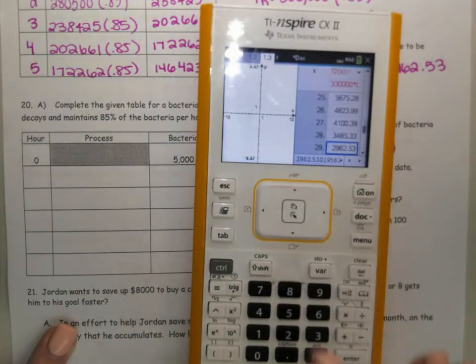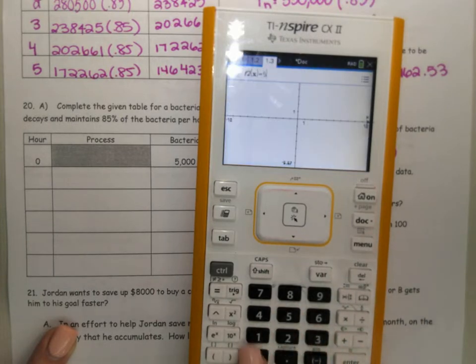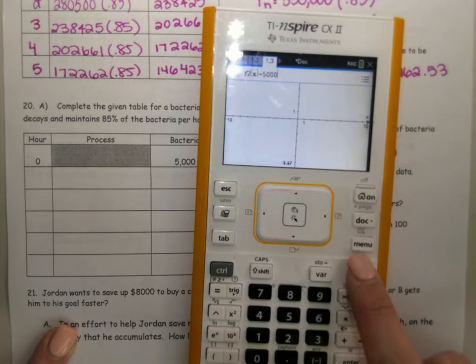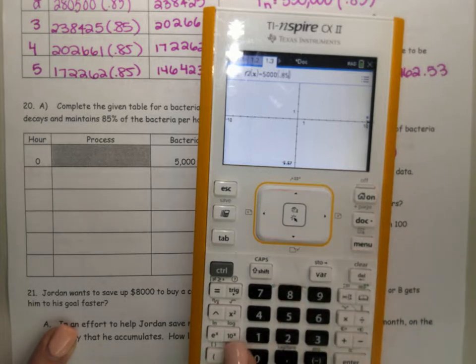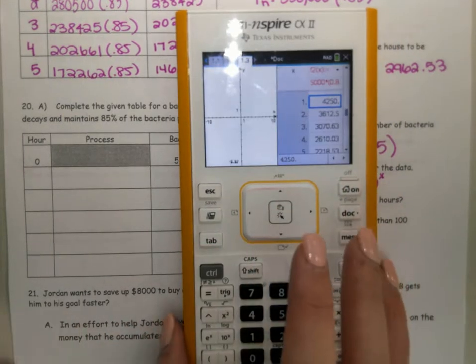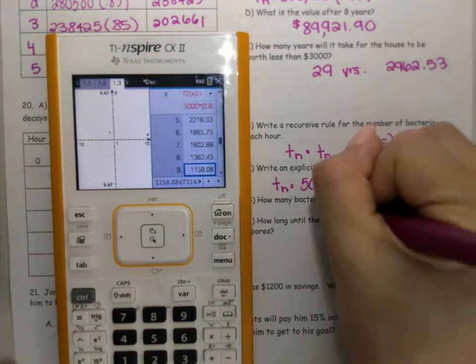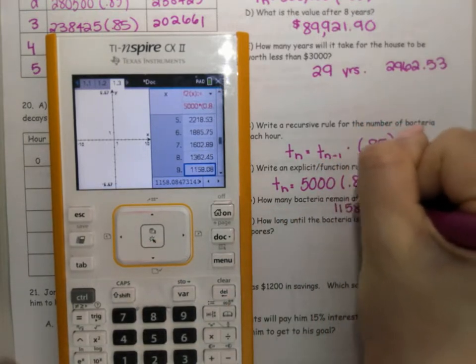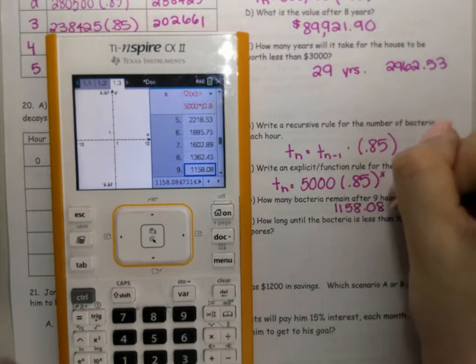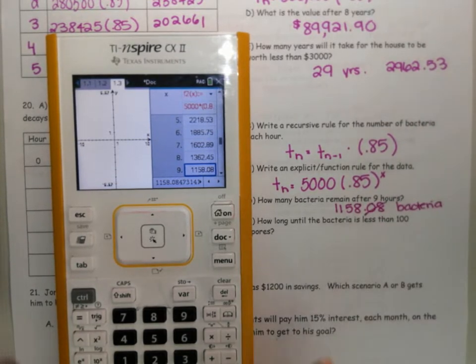So, Control T, menu 3.1, my formula is 5,000, parentheses 0.85 to the x. Control T. So after 9 hours, 1158.08 bacteria, which really you can't have 0.08.